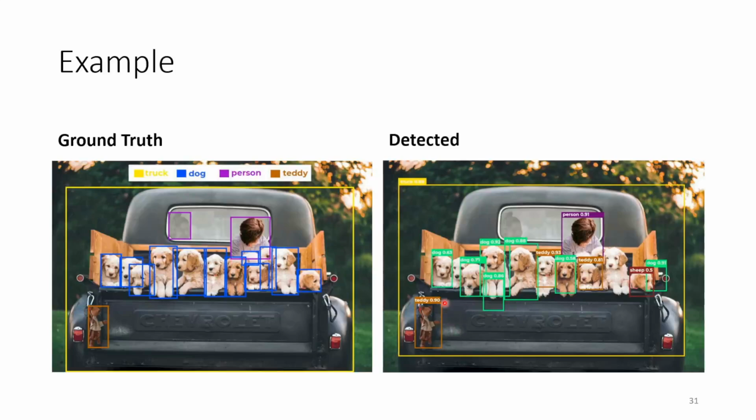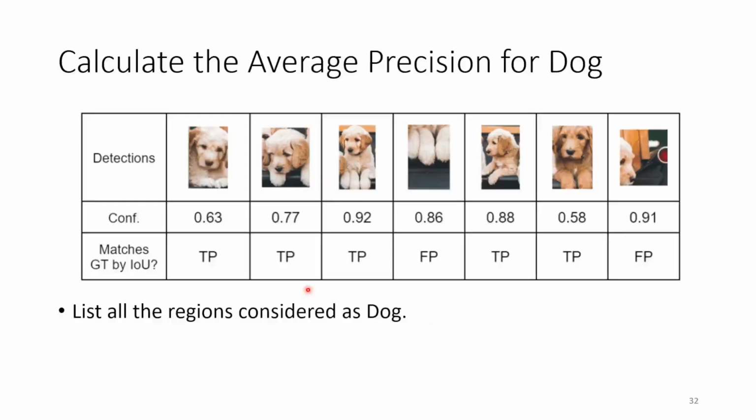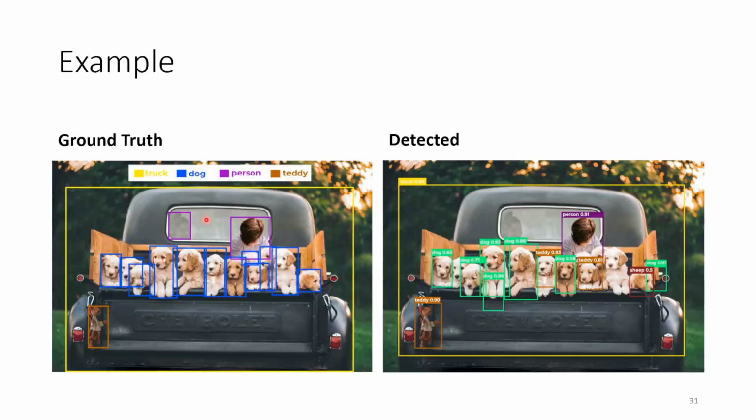How do you calculate the mean average precision for the class dog? You first list all of the regions your algorithm detects as a dog. There are 1, 2, 3, 4, 5, 6, 7 regions you detect as dog.